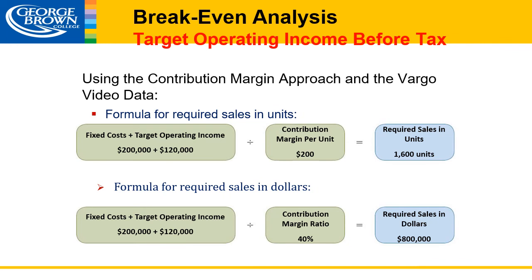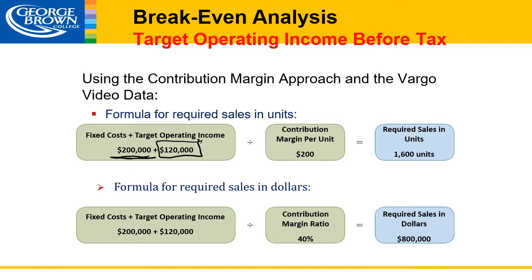So now in the next two slides, we're going to be talking about using a break-even analysis to understand how many units you have to sell or the required sales level in order to hit a certain target operating income before tax. Okay, in the next slide, we're going to talk about net income after tax. So what we're really doing here is very similar to what we had just done in the previous slide, except that we're adding the target operating income that we want to achieve to our fixed costs.